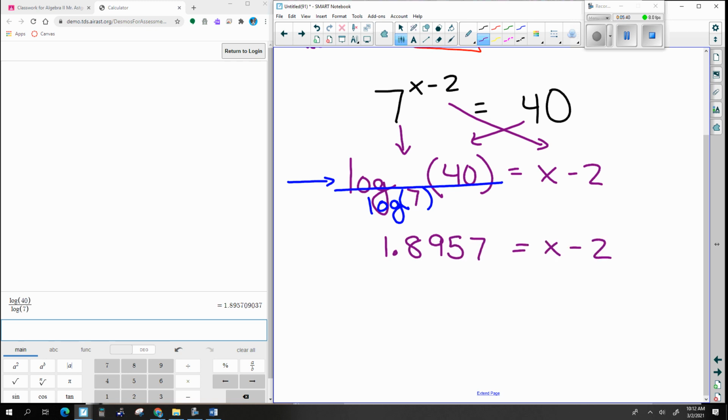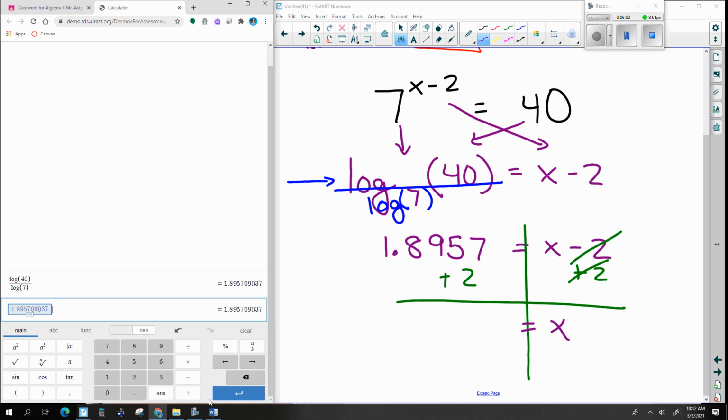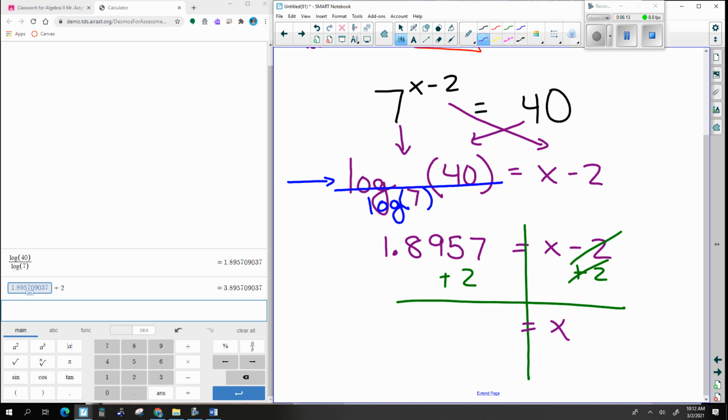Not a big deal. But now I just progress like it's a normal math problem. I'm solving for x, so I add 2. I go to this answer and add 2. What I did is click the answer button at the bottom: answer plus 2. And there it is.